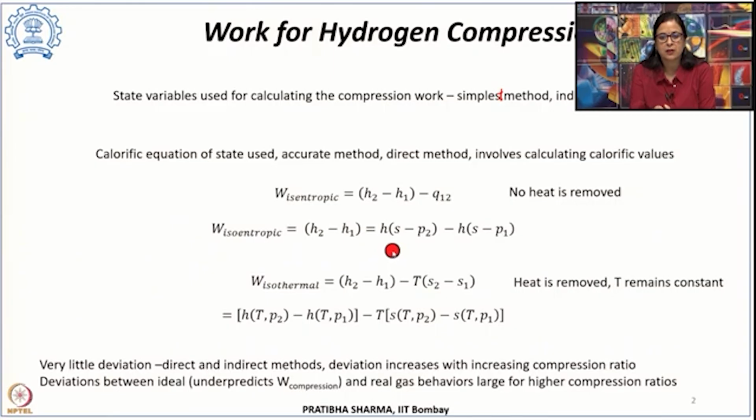Let the constant entropy be S. So the isentropic work, which is the difference in the enthalpies, is given by the enthalpy where the entropy is S and the pressure is P2, minus the enthalpy where the entropy is S and the pressure is P1.